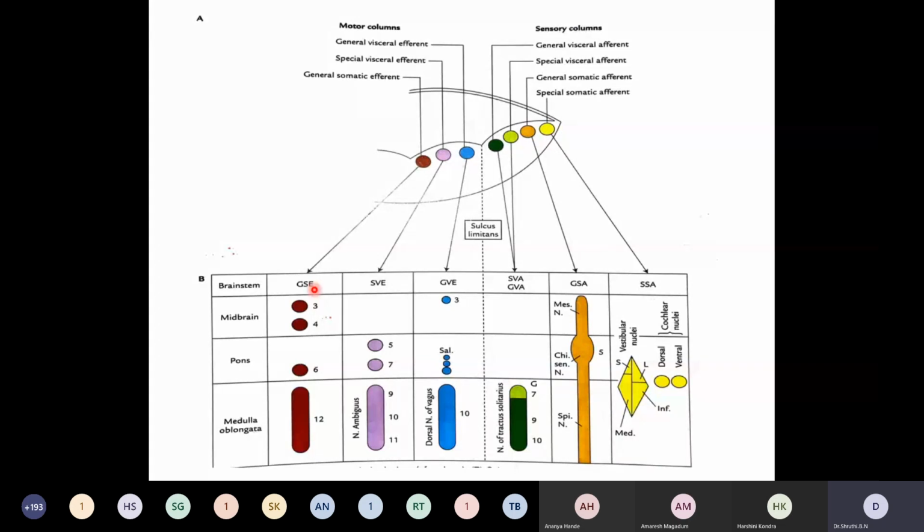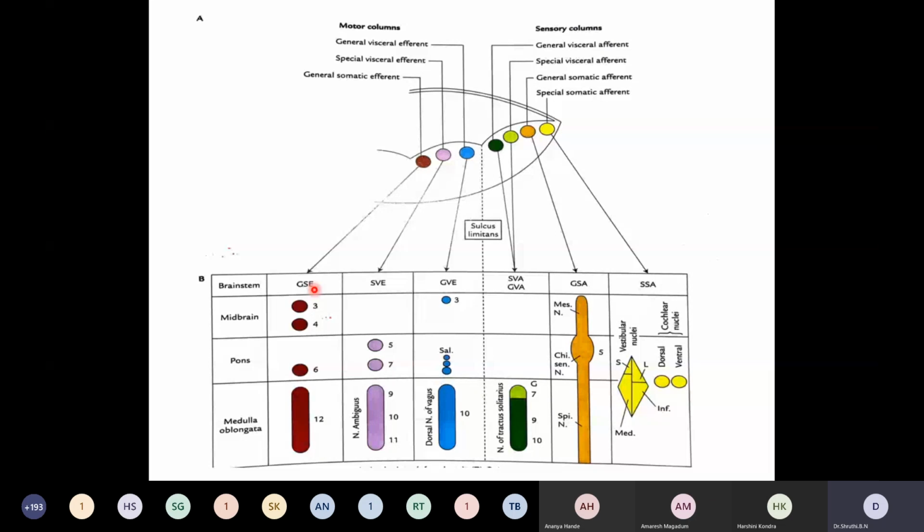You know that extraocular muscles, are they from pharyngeal arches? No, nowhere we studied. And about the tongue muscles? No, they are all migratory muscles from the occipital myotomes, right? So these muscles are supplied by this functional column, that is through the general somatic efferent.